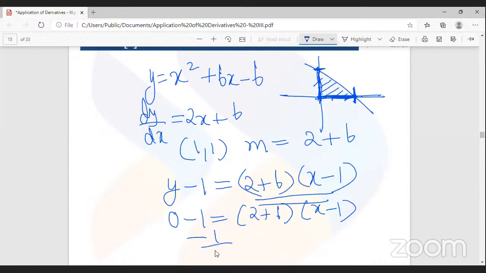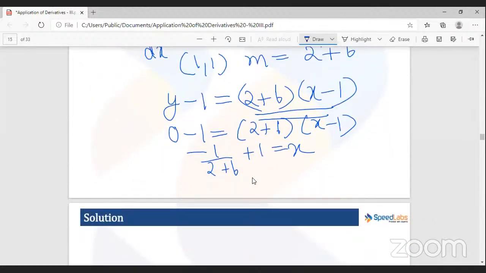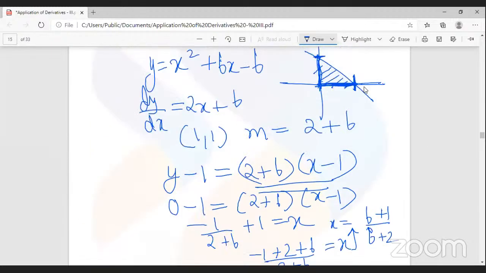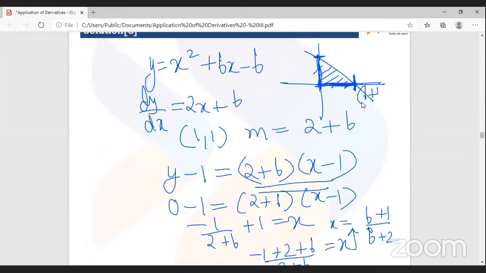This is minus 1 upon (2 plus b) plus 1 equal to x. So x is (minus 1 plus 2 plus b) upon (2 plus b). So what is x here? x is (b plus 1) upon (b plus 2). So we got ((b plus 1) upon (b plus 2), 0).